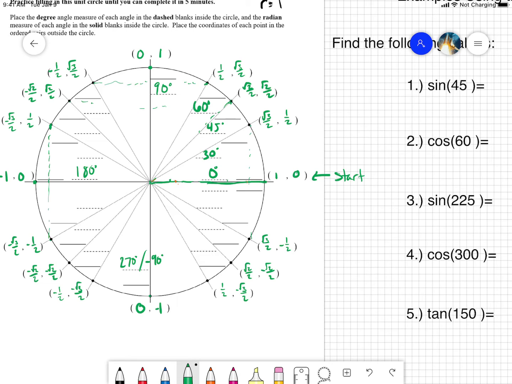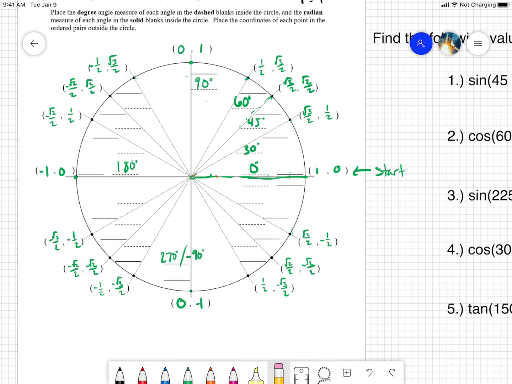Okay? So these are our points. So now we have our coordinates for all of these. And we'll talk about why we're even doing this in just a second. Please always remember that if I'm in quadrant 1, it's always positive, positive.